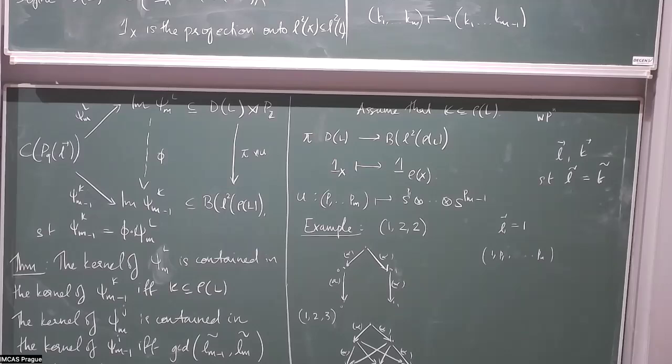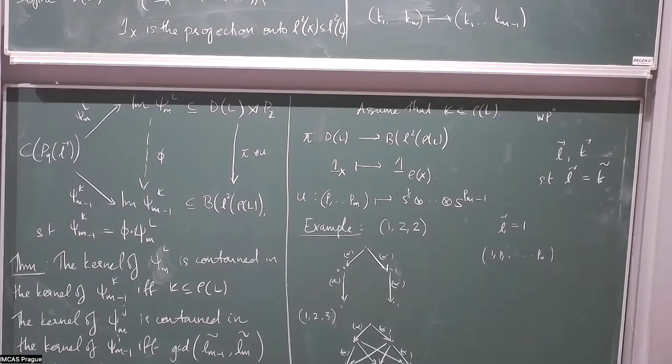Yep. Go ahead. Hello. So I have only one question. The main result was a complete set of irreducible representations for this quantum space. So what do you mean by complete set?